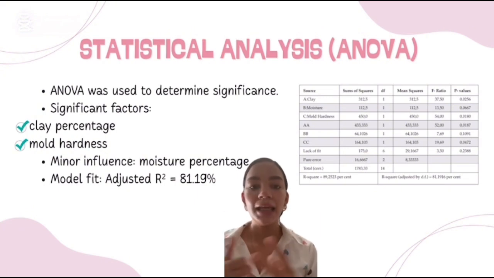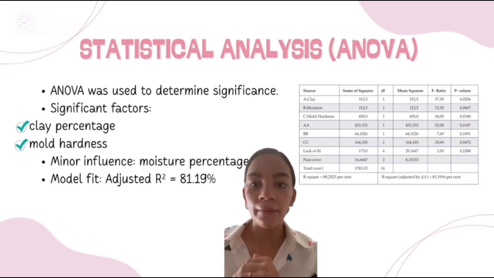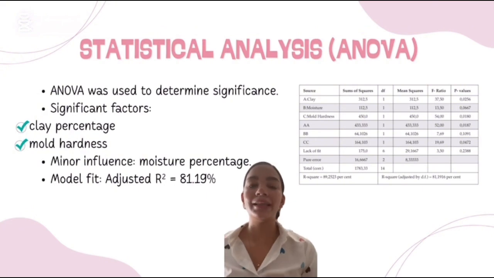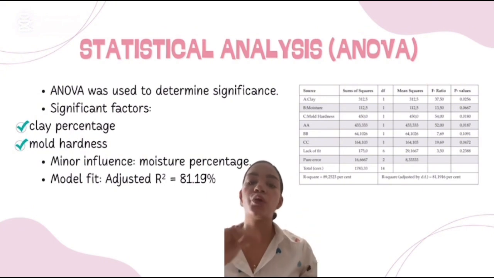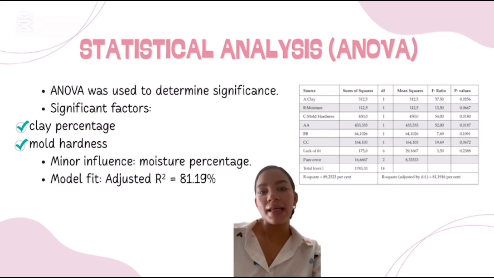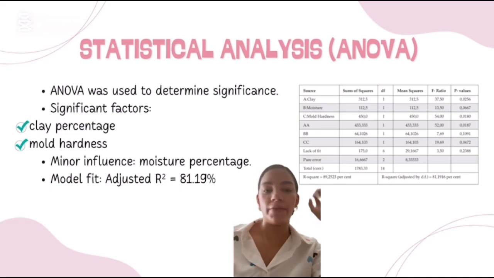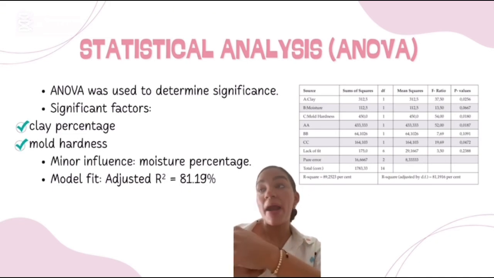So the mathematical model was validated to ensure its suitability for predicting quality outcomes. To determine which factors had a statistically significant effect on the percent of defects, an analysis of variance, ANOVA, was performed.